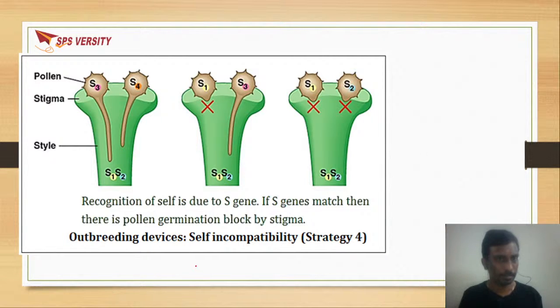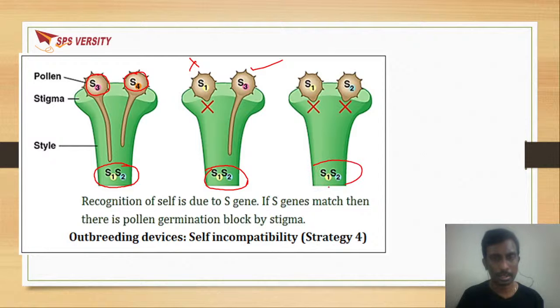Self-incompatibility. Here the genes present in the stigma are S1 and S2. When the pollen grain has S3 and S4, it is allowed to germinate. See here, in the second case, when there is a pollen grain with the S1 gene, it is not germinating. Only the pollen grain with gene S3 is germinating.